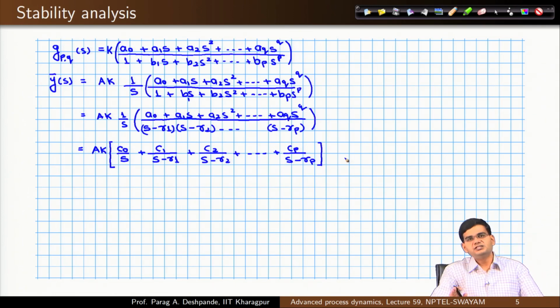There would be some numbers associated with C 0, C 1 and so on. I do not need to worry about that at this point of time, because they are not going to affect the stability of the system. They would affect the dynamics, but it will not affect the stability.